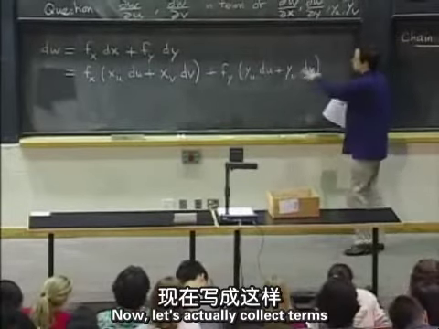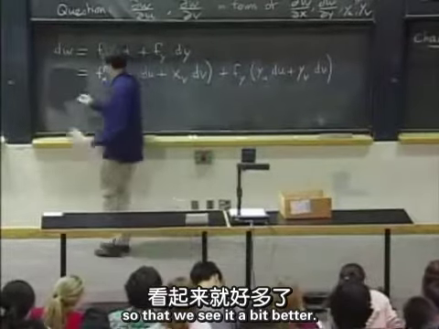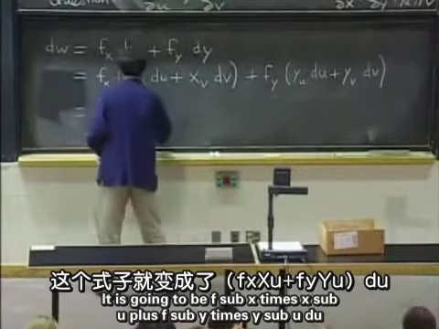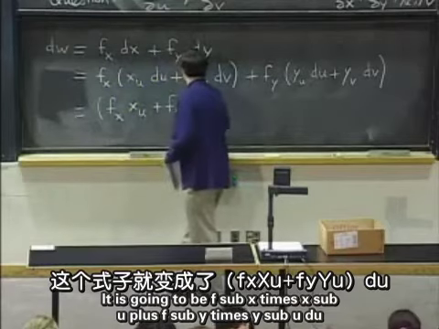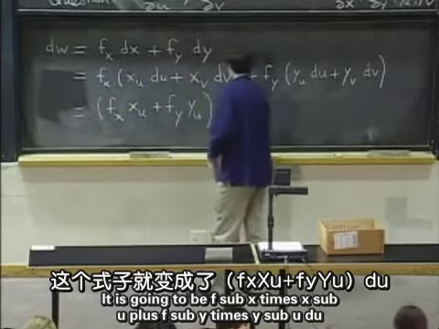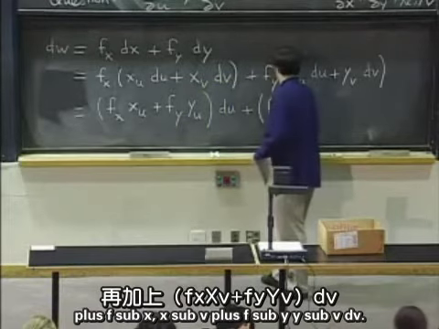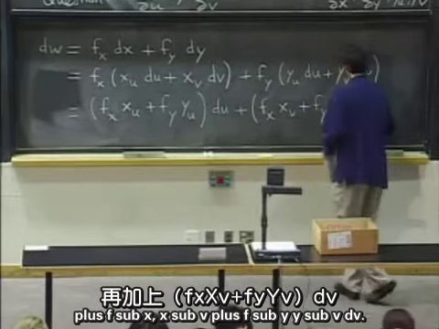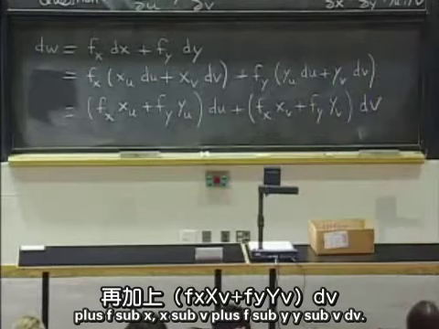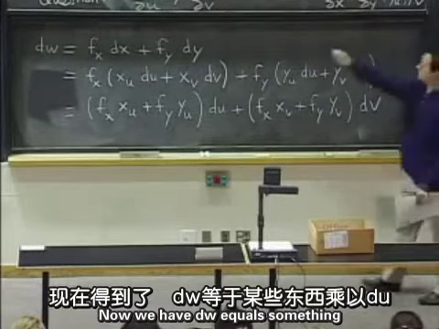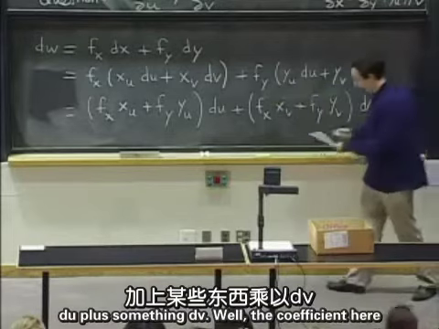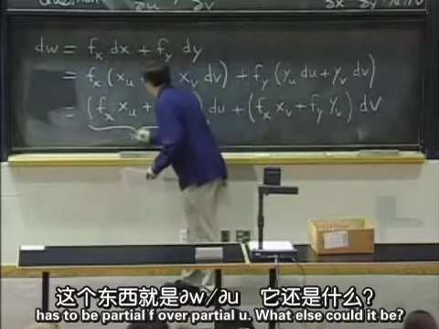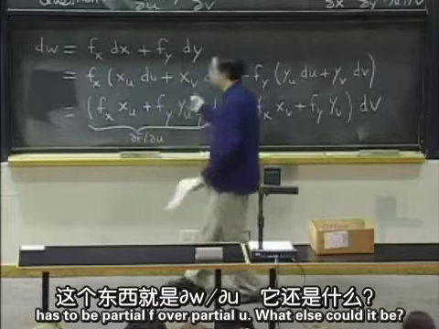Now, let's actually collect terms so that we see it a bit better. So that's going to be f sub x times x sub u plus f sub y times y sub u, du, plus f sub x x sub v plus f sub y y sub v, dv. And so now we have dw equals something du plus something dv. Well, that coefficient here has to be partial f, partial u. What else could it be?